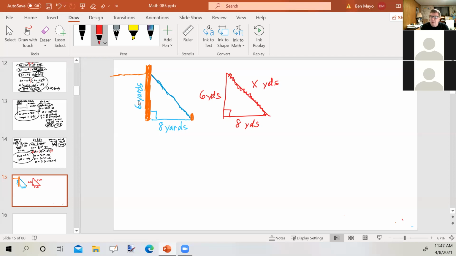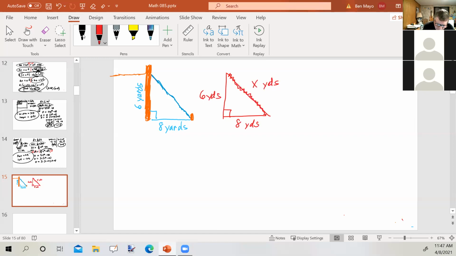Now, this is a right triangle. It is a triangle, but we're not trying to find the area of the triangle. We're trying to find the length of the third side of that triangle, okay? We know the length of two sides, 6 yards and 8 yards. We're trying to find the length of that third side, which represents the cable.